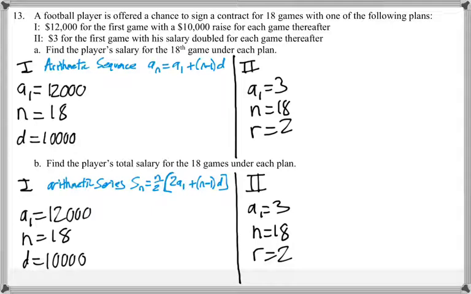So it's just the 18th game, you want to use the geometric sequence formula. For the total salary of the 18 games, you want to use the geometric series formula.